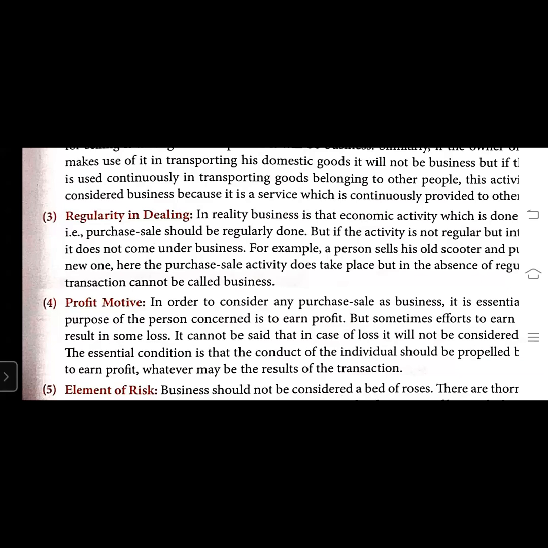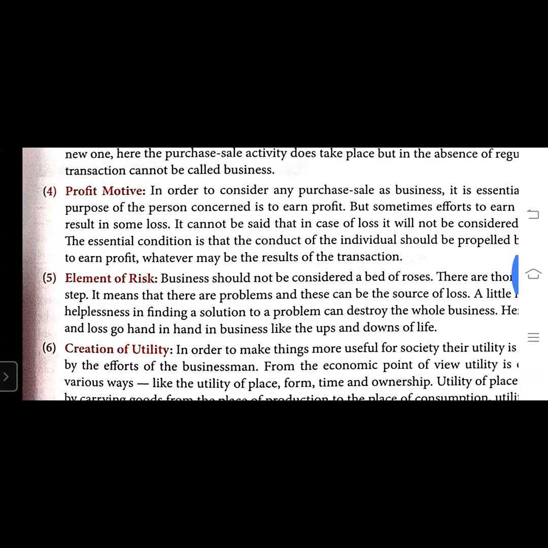Next point is the profit motive. So students, the main aim of every business is to earn profit. No business can survive for long without earning profit, you know very well. For example, a business selling goods at less than cost or free of cost, like charity, cannot continue for long.